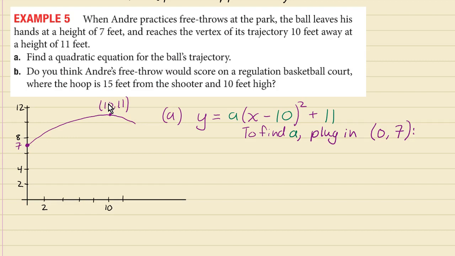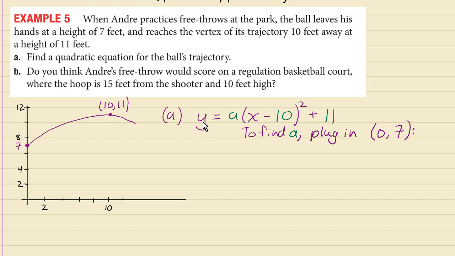And the way we're going to find a is, let's look at this. This is an equation that actually has 3 unknown quantities in it right now. There's x and y, which are the things you want to be variables, and then there's also a. But if you plug in a number for x and a number for y that you want to have work with this equation, then a is going to be the one variable.